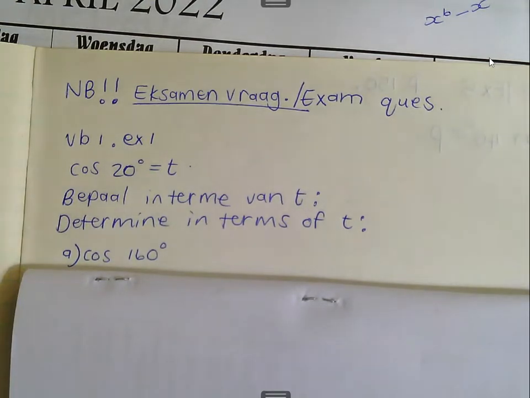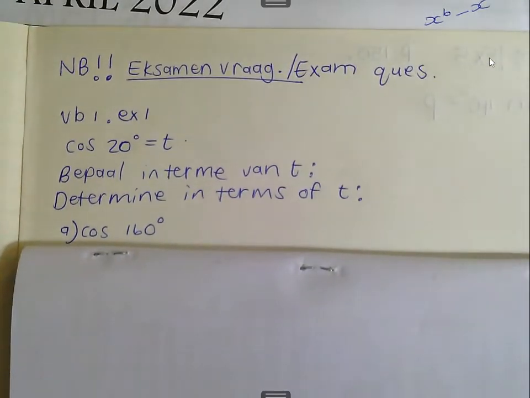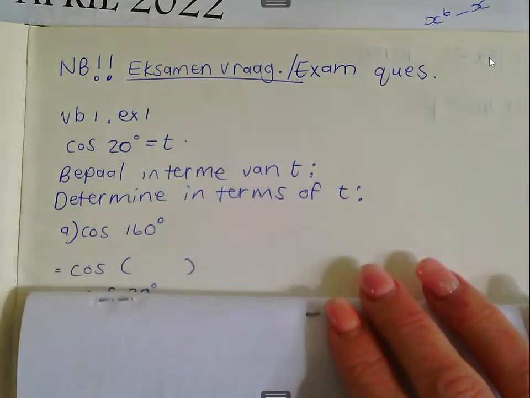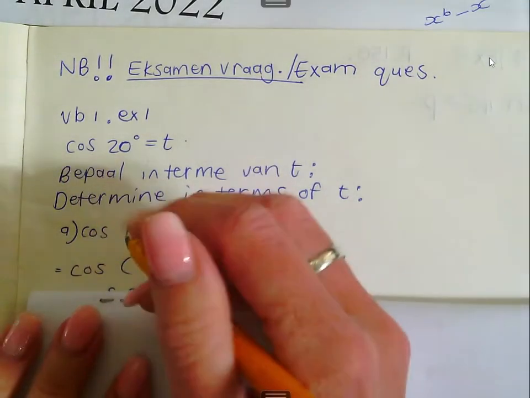The cos of 160. So our calculation and our plans haven't changed. Can you see 160 is not reference? How can we write 160? 180 minus 20.